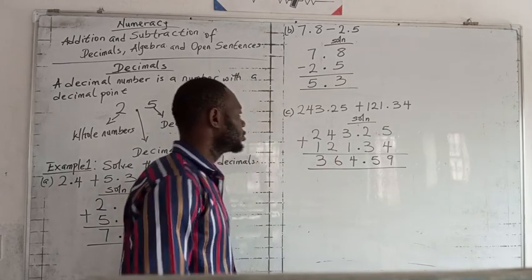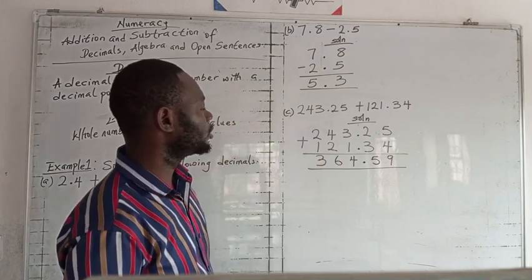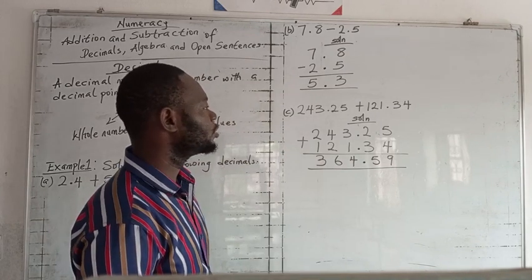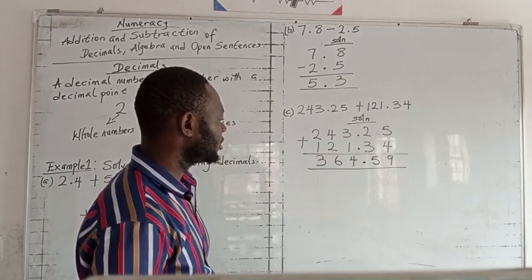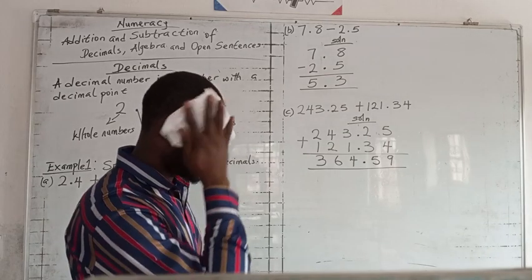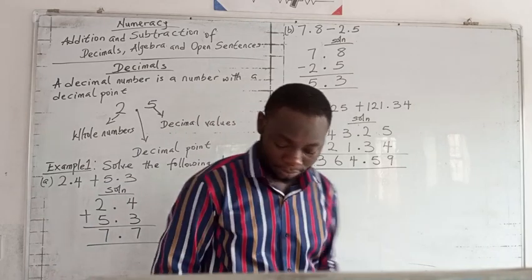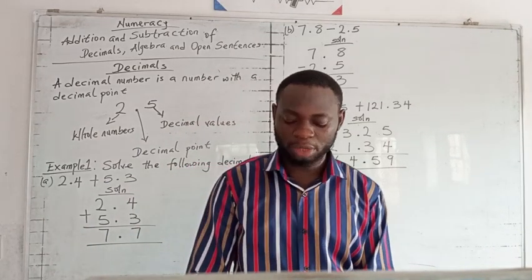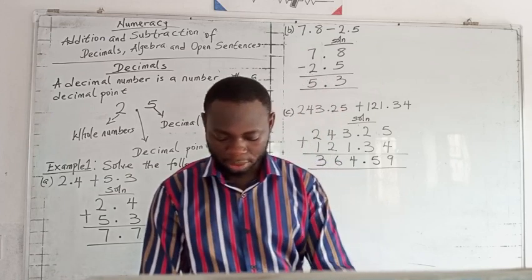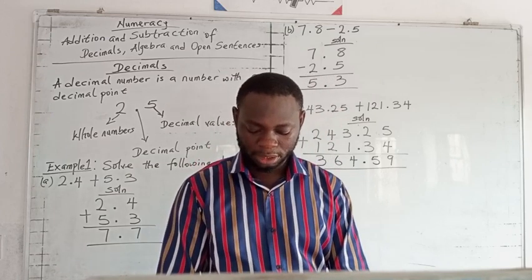Are you seeing it? So therefore, 243.25 plus 121.34 is 364.59. Okay? So that is how to add or subtract decimal numbers.